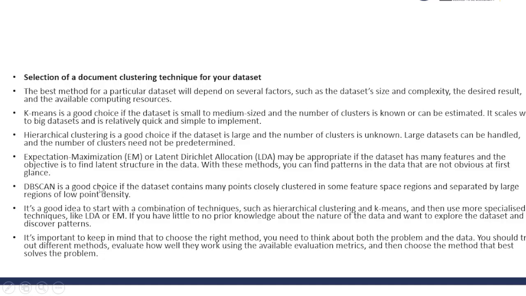DBSCAN is also a good choice if the dataset contains many points which are closely clustered in some feature space regions, and then they are separated by some other points. So initially hierarchical clustering and k-means can be started with, and then LDA or EM can also be checked. So the right method also depends upon the problem and the data that we are looking at.